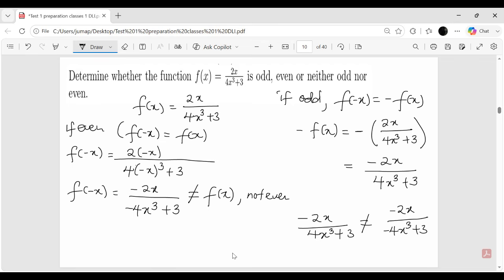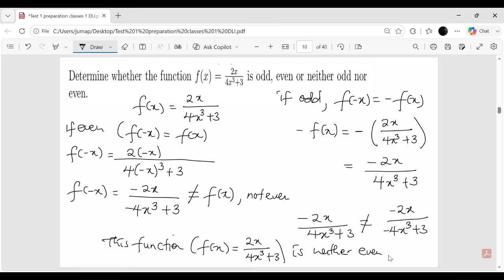So therefore, this function, f of x equals 2x over 4x to the power 3 plus 3, is neither even nor odd. And you're done. Clear?